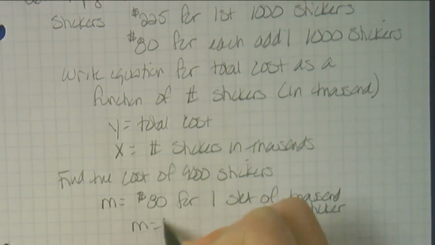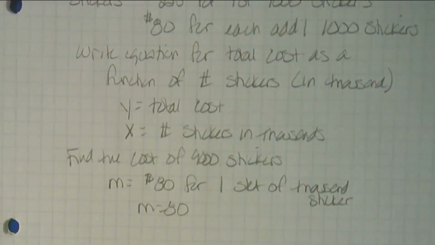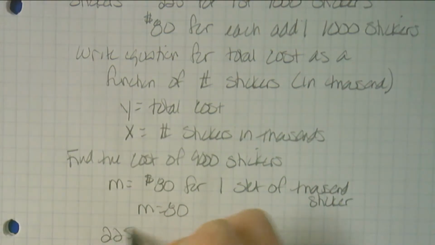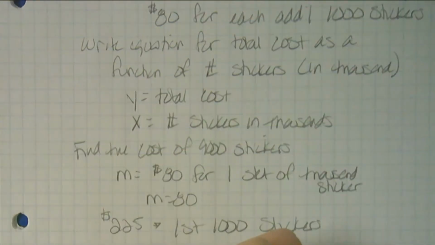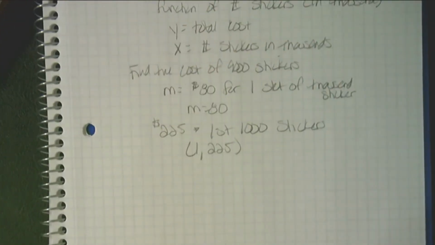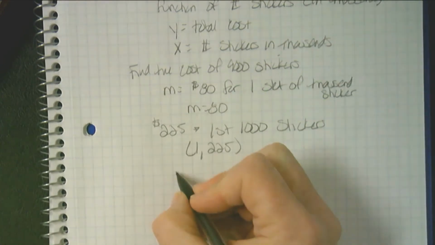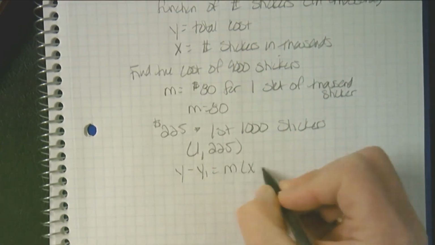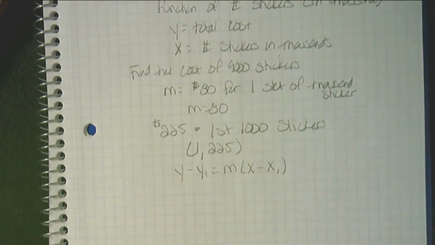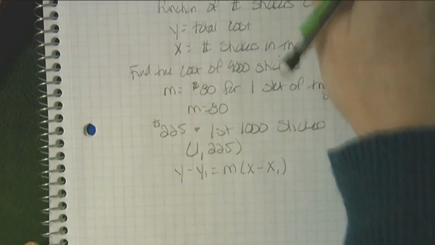So m is equal to 80. $225 for the first 1,000 stickers, that is a coordinate point. So that's (1, 225). So my point slope, y minus y1 is equal to m times the quantity of x minus x1. Somebody write my point slope equation for me. Ashley?